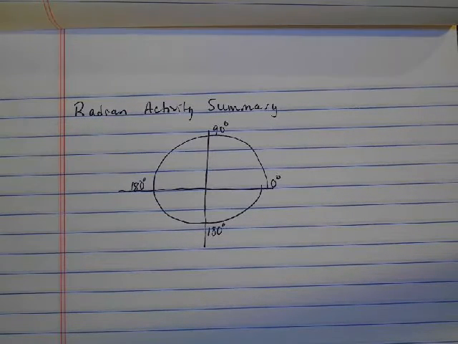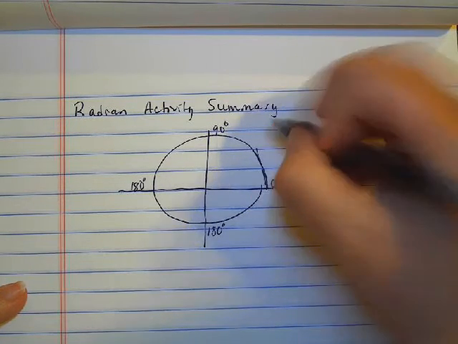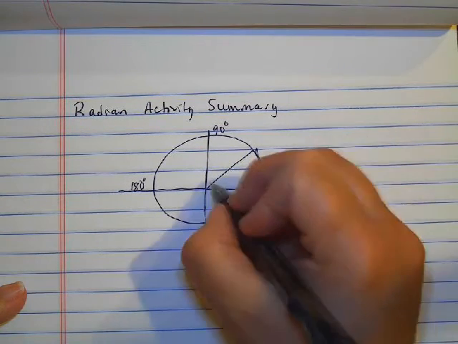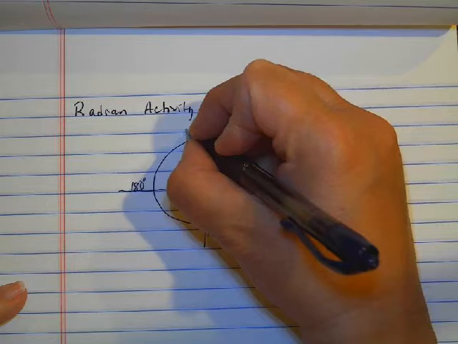I hope as you did the radian activity, you noticed that as you laid your string down on the circle, whenever you measured the radius of the circle and the radius of the circle here and here, you got one. It probably ended up something kind of like this.